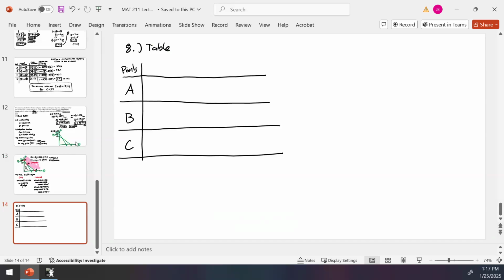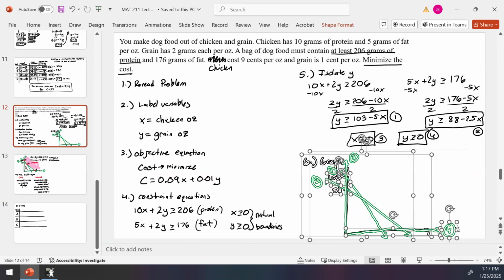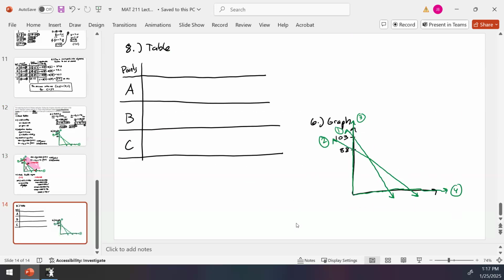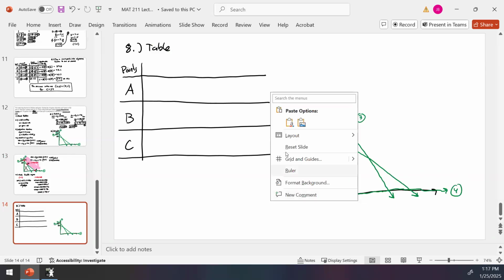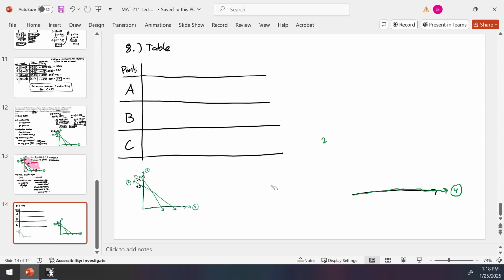And then let's just copy the graph over. Just have it right next to us. So now we do our points of intersection.